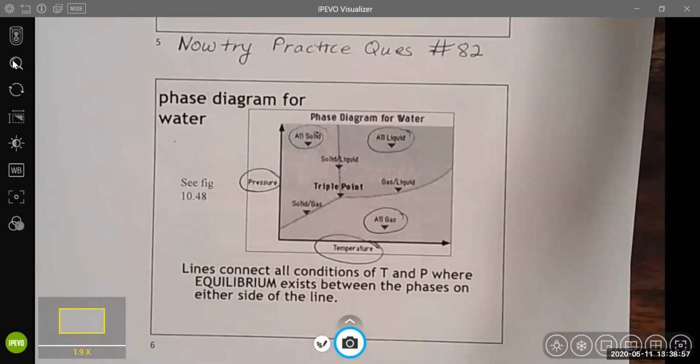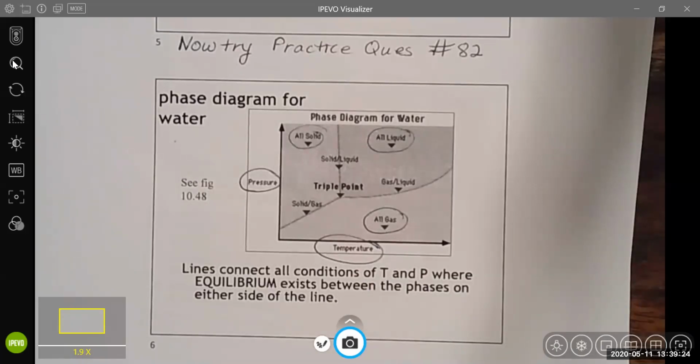So we're used to thinking of things as, well, water is a liquid, carbon dioxide is a gas, and iron metal is a solid. But all of those things can be different phases. You can melt solid iron to make it a liquid. You can take liquid water and turn it into a gas, or you can turn it into a solid.